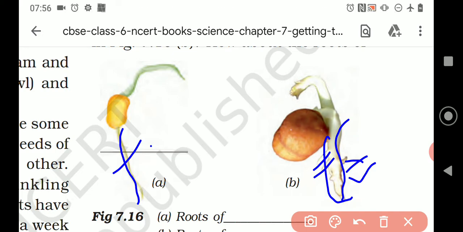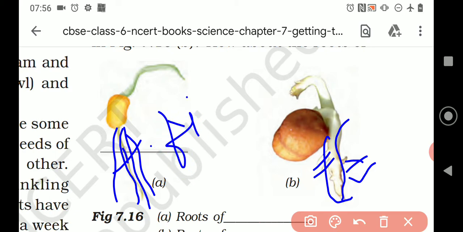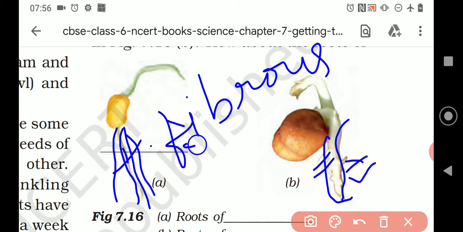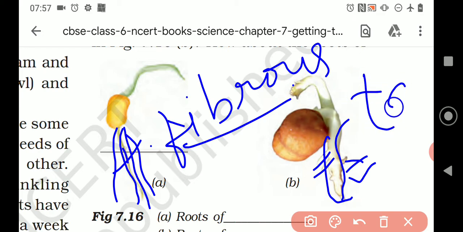The one which appears like fibers, later it will appear like this. What are they called? They are called fibrous roots. And here when you see the main root and the lateral roots, they are called tap roots.